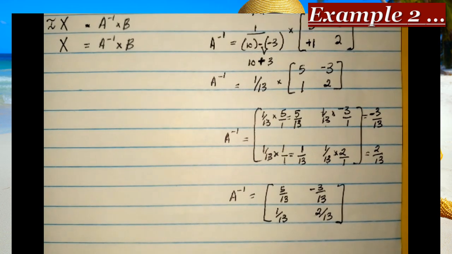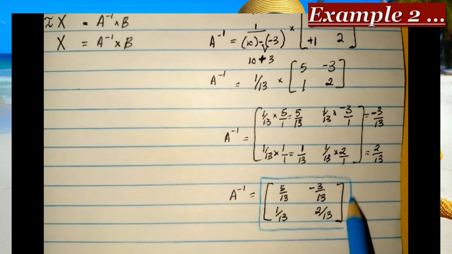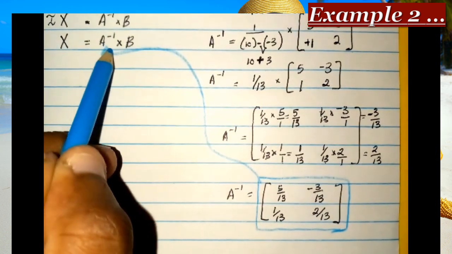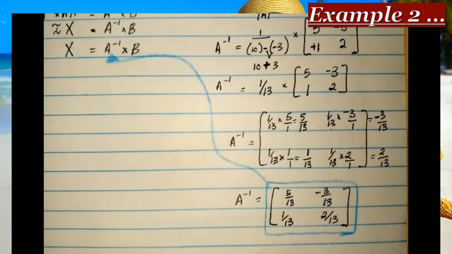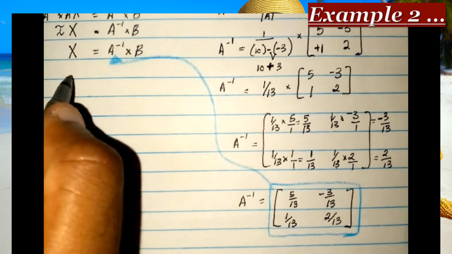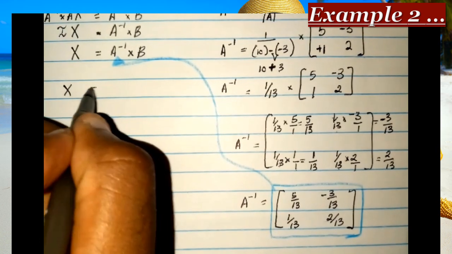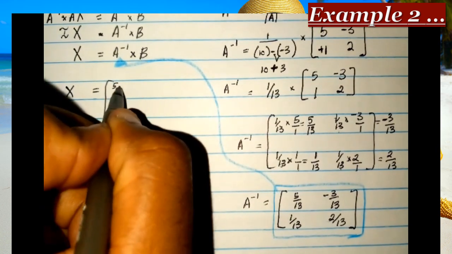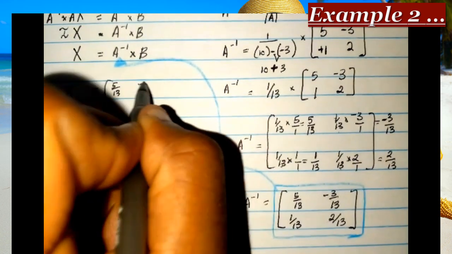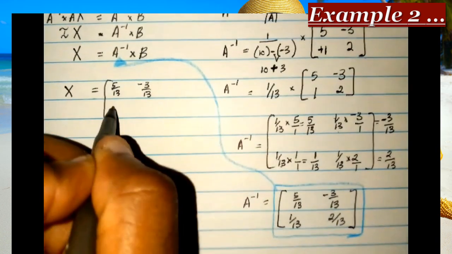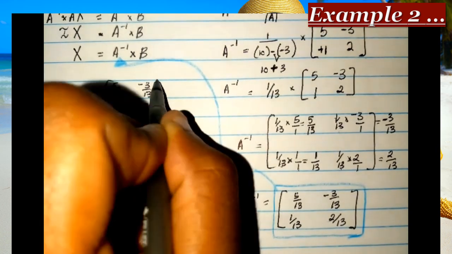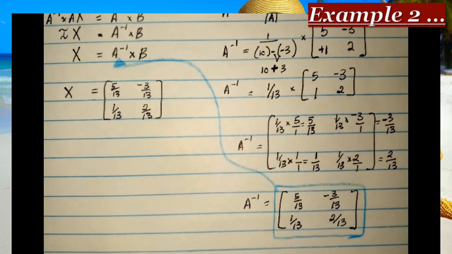So now I am going to take this matrix and substitute it inside here, because we just worked out what A inverse was. So X is going to be equal to 5 over 13, negative 3 over 13, 1 over 13, 2 over 13, multiplied by my B matrix.